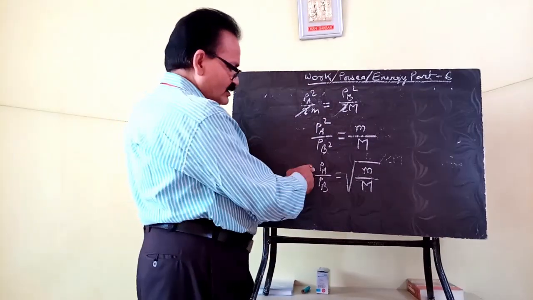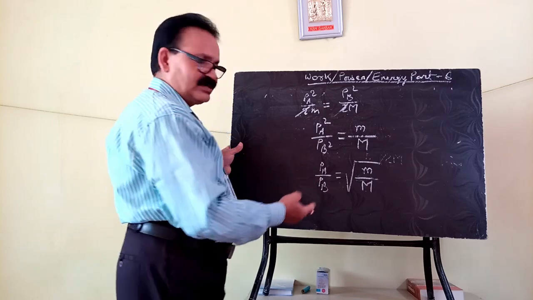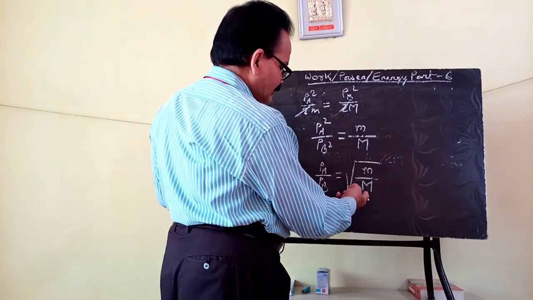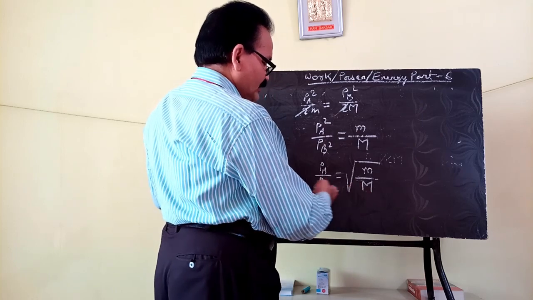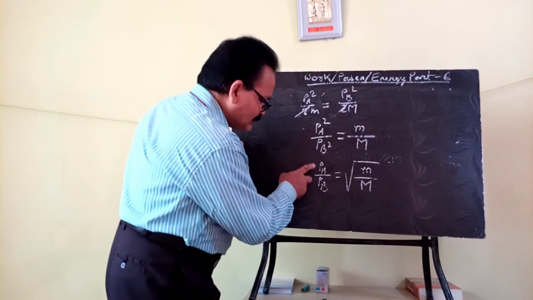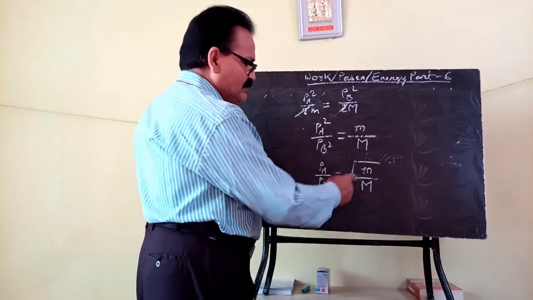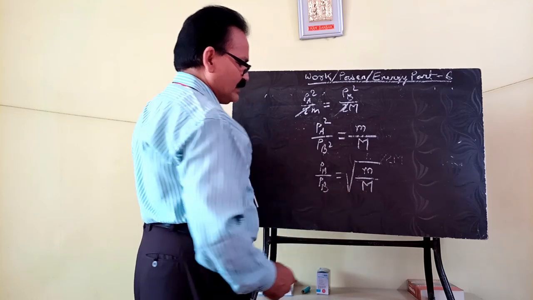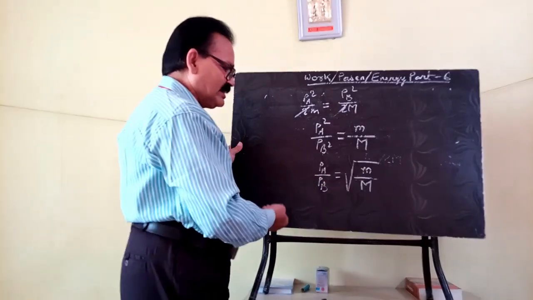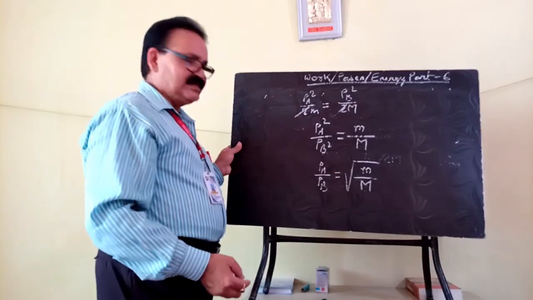The body which is having greater mass will have the greater momentum. Clear? So that means ratio of PA by PB is equal to square root of small m by capital M. As the mass is greater, then momentum will be greater. As mass is less, then momentum is also less.